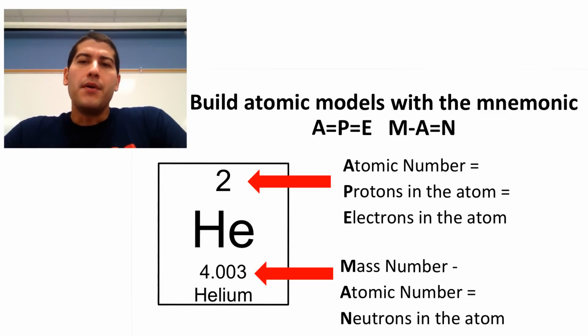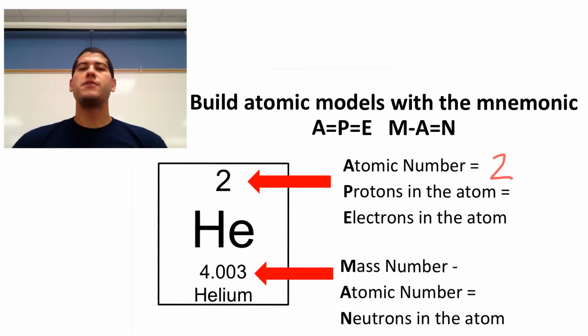The atomic number is 2. That means there are 2 protons. Since the net charge of all atoms on the periodic table is 0, that means there are 2 electrons as well. Before we write the mass number, don't forget to round it to the nearest whole number. Helium gets rounded down, but some of the elements are rounded up.